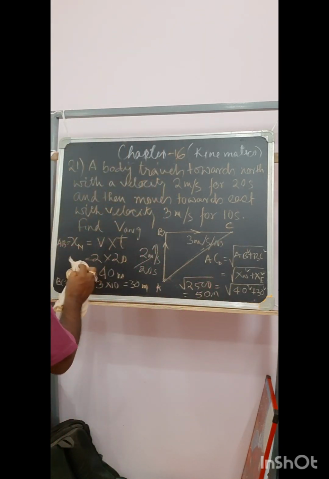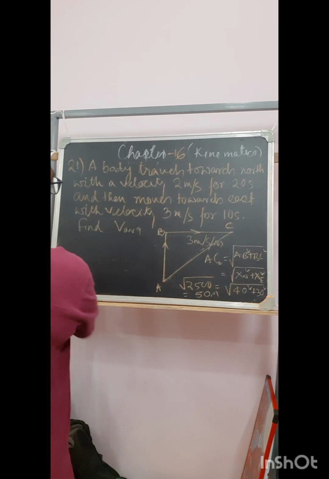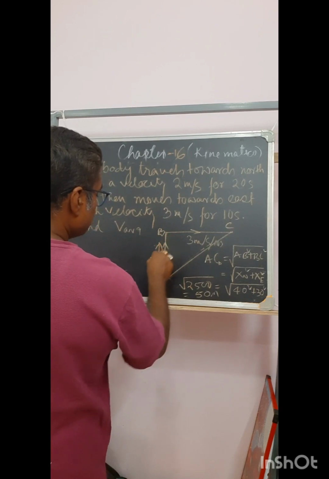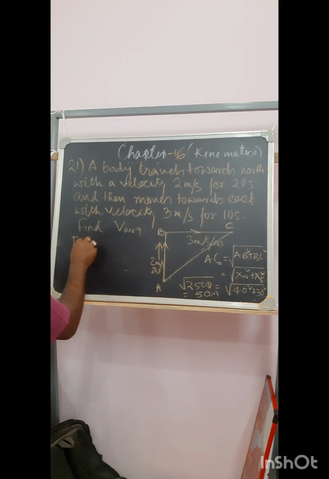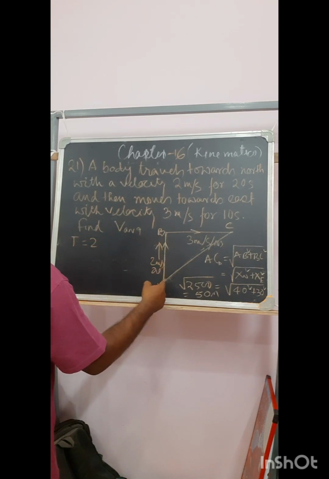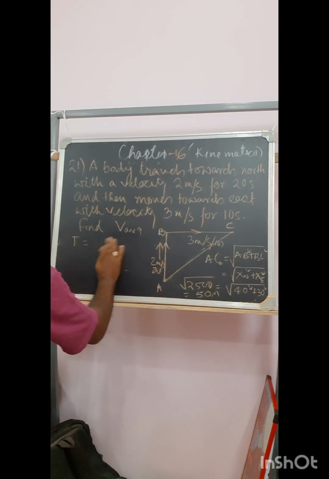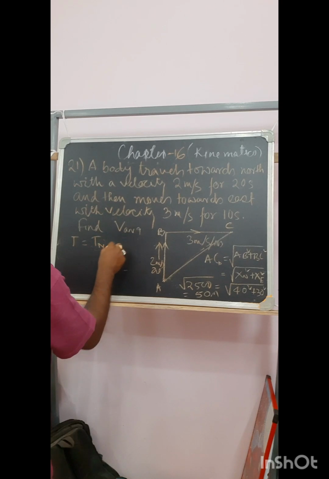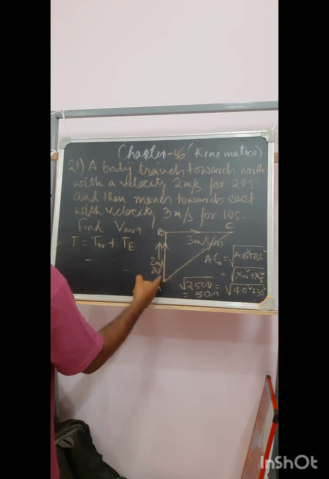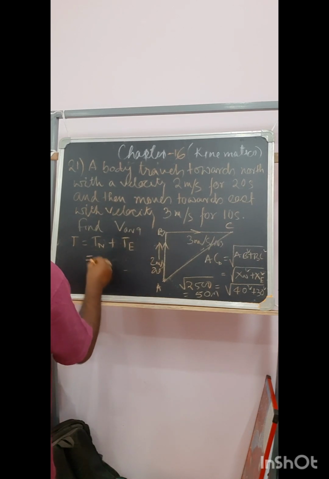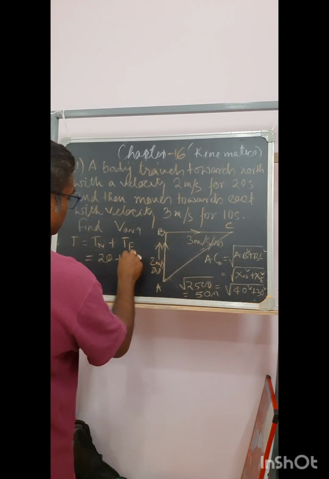Now once you get AC, how much is the time? The time will be the total time during this movement. The first movement, from A to B in the north direction, takes 20 seconds, and the time taken to move from B to C in the east direction is equal to 10.